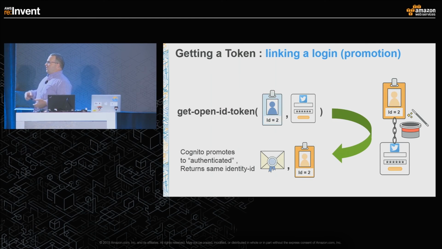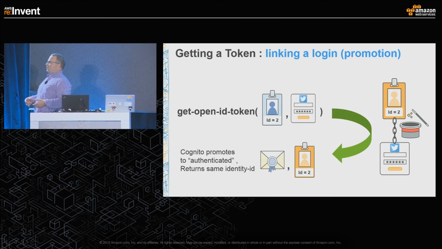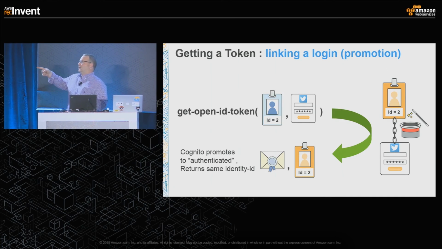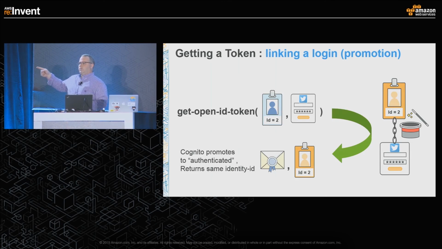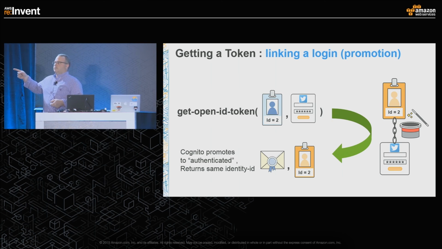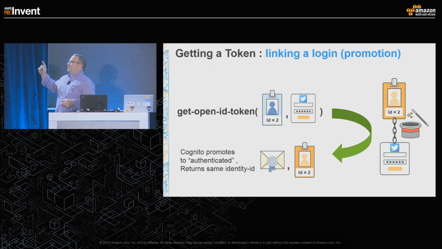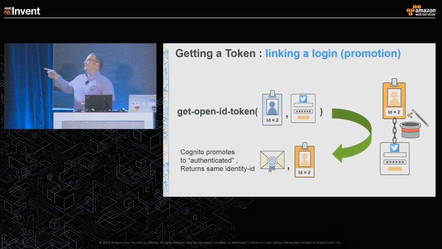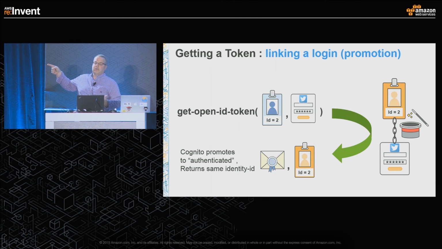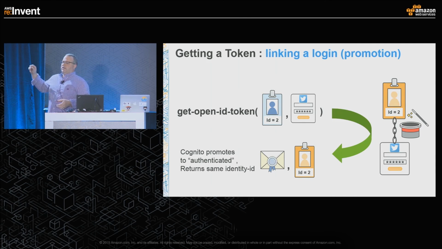So the use case we're showing here is calling getOpenIDToken with a blue unauthenticated identity. But this time we're passing in a Twitter web identity token. When Cognito sees that, it checks the token against Twitter's OAuth server, says this is a good token, and promotes, that's a little magic thing, promotes this unauthenticated identity to an authenticated identity.